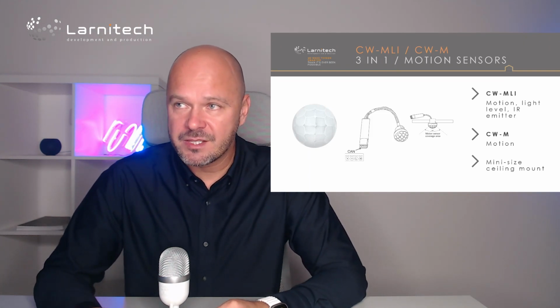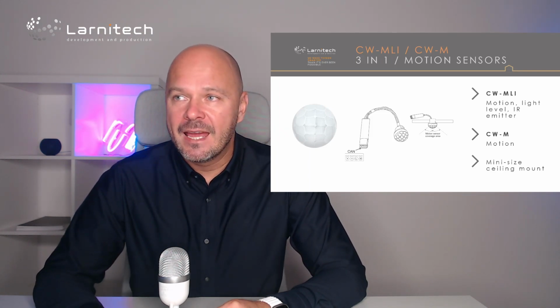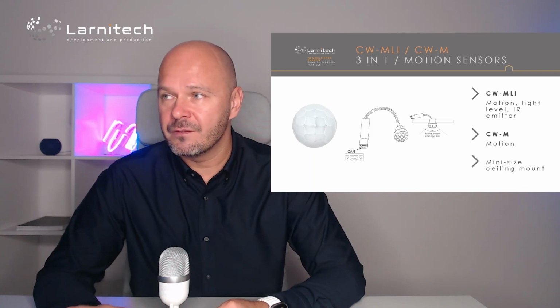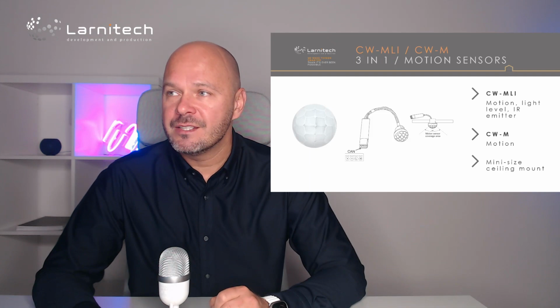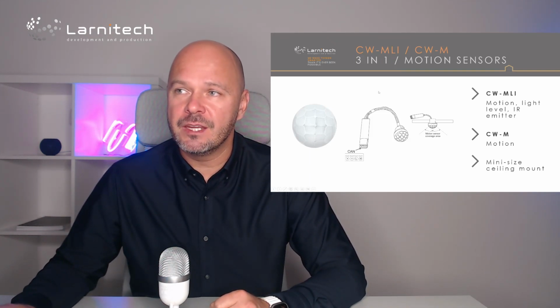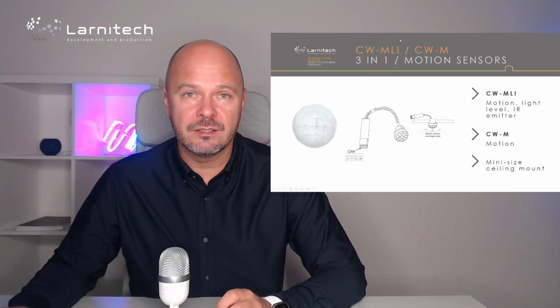This one is really small, and it connects to the bus, and it has 3 functions in one, or there is a version for only motion. CWM is only a motion sensor, and 3-in-1 is motion, light level, and infrared output. So MLI: motion, light level, infrared output.